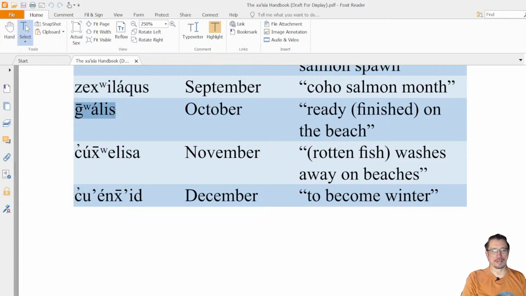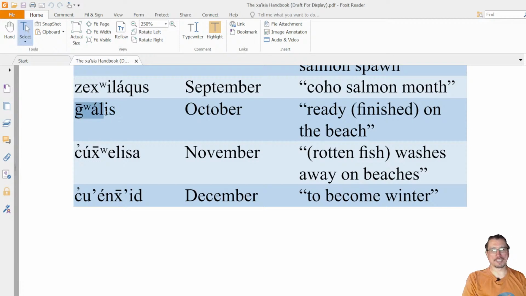Next we have Gualis. This is October, and it means ready or finished on the beach. So Guas means finished or ready. Is means beach. So it literally means finished on beach or ready on beach, because it comes from Guas and Is.